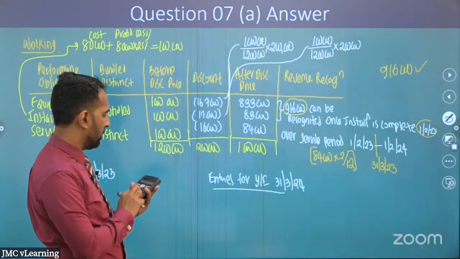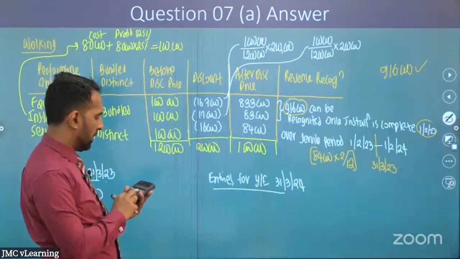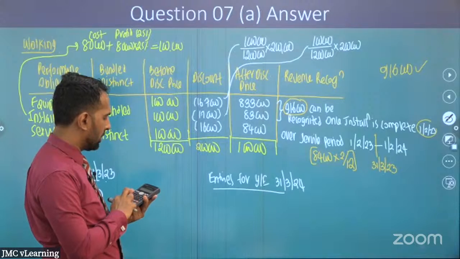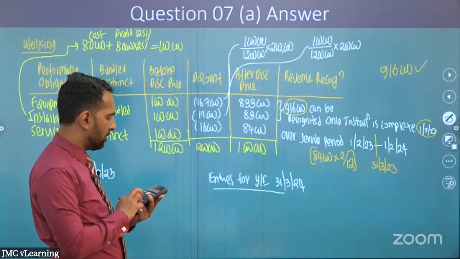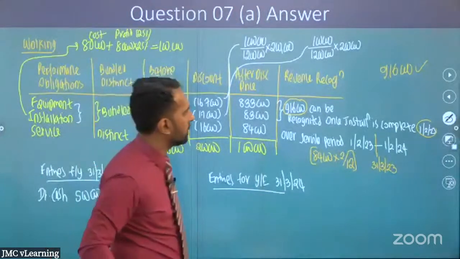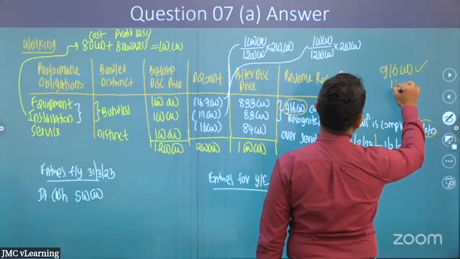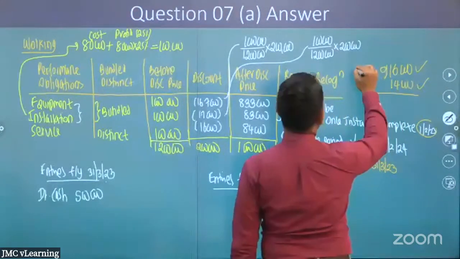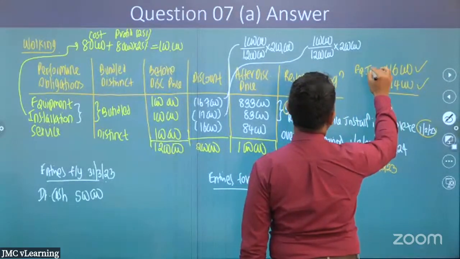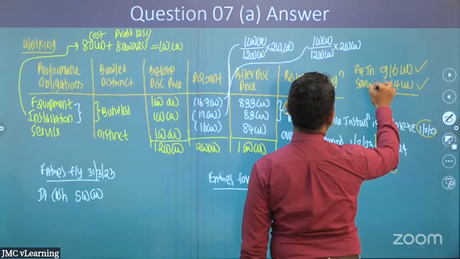84,000 is for the whole year. Since it started at the beginning of February, we can take the income for the two months, February and March. So 84,000 divided by 12 into 2, 14,000. This is the equipment and the installation, and this is the service fee.